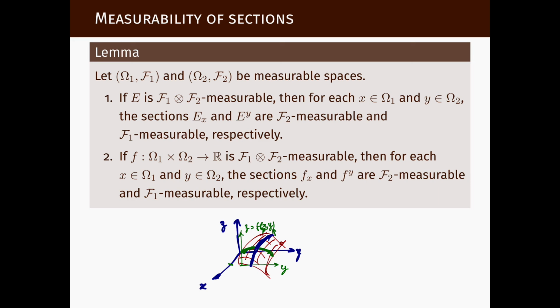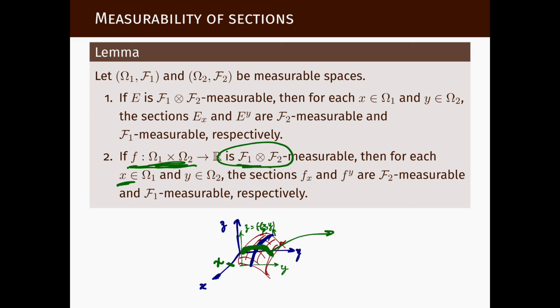And it says, now that we defined what is the section of a function, we can make a claim about the property of this object, which will be the following. If the function is measurable with respect to the product sigma algebra on the domain, so the function is from this Cartesian product, then for each x that we fix, so here we fixed some value of x, and we looked at this function of one variable only.